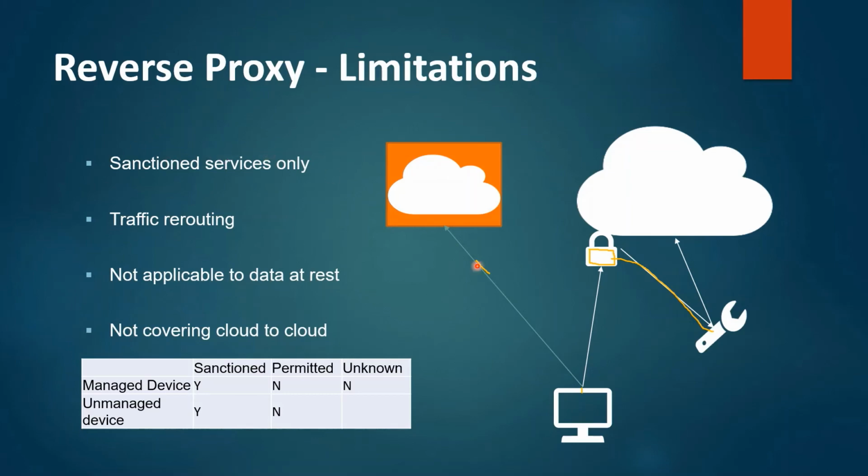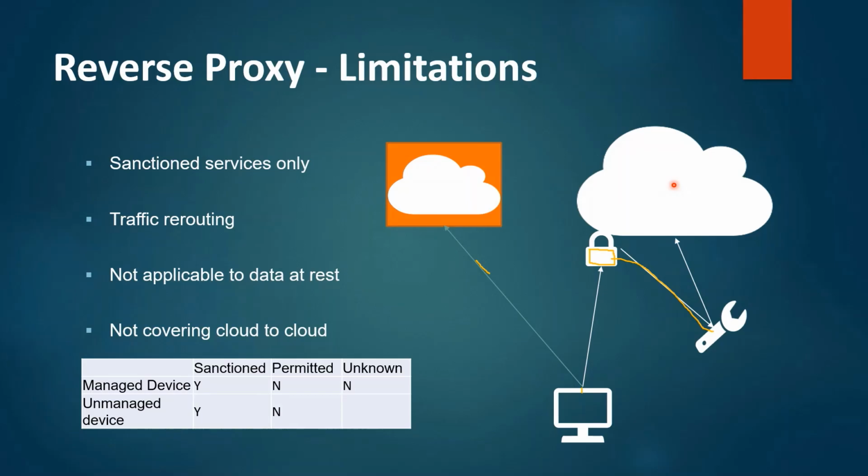Another limitation is just because of the traffic rerouting, there will be extra latency in the entire user flow. And thirdly is about the data. Reverse proxy could control data in motion. For example, if you want to send something, you have to go through here to have that encrypted before you can upload to the cloud storage.